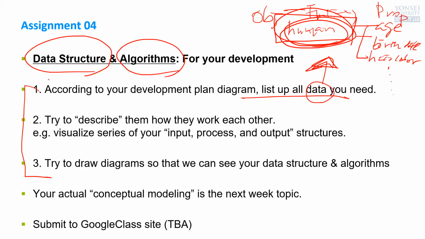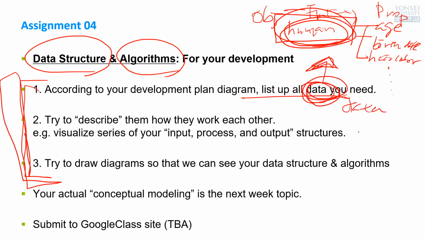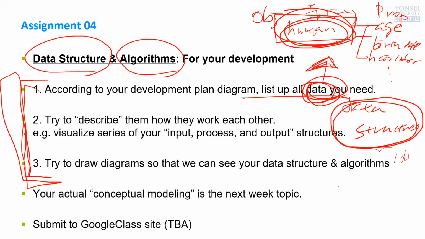Whatever it is, try to elaborate your plan using your data. I'm not talking about your actual data, okay? I'm talking about your data and its structure. Even if you don't have any experience describing this, try to work out your data anyhow.